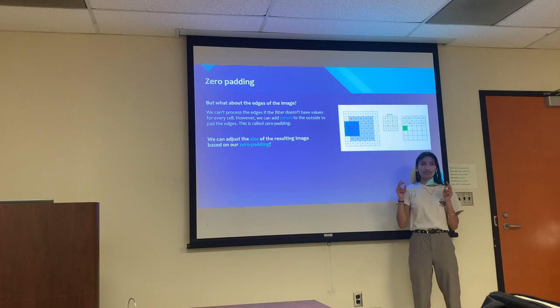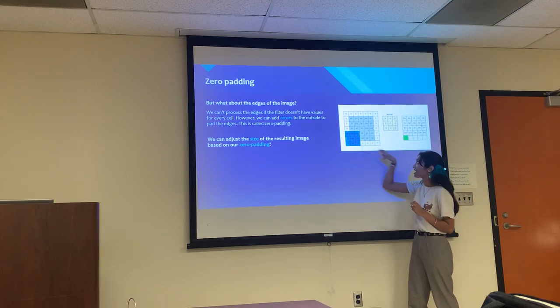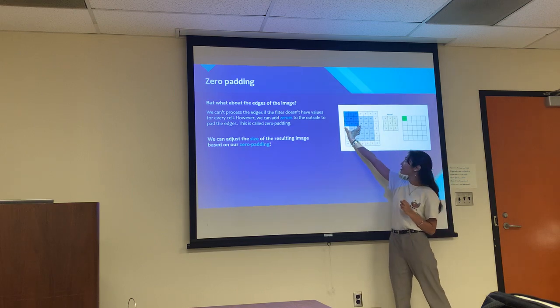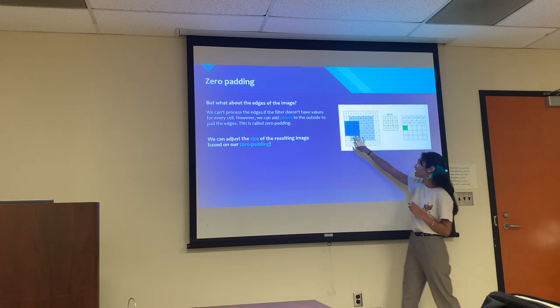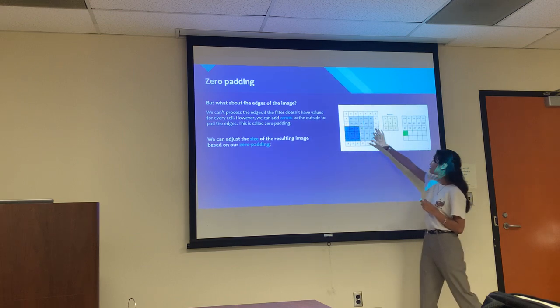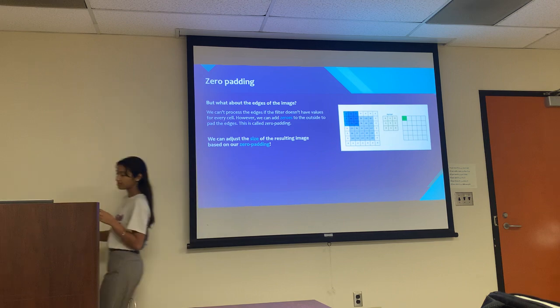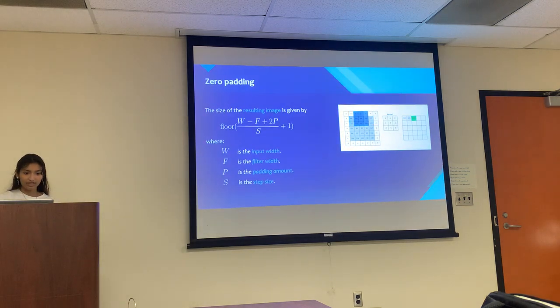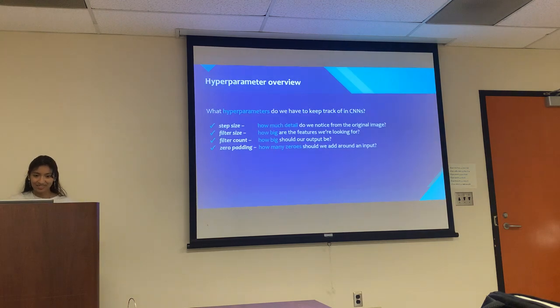So something we can do to make that the center of where we're using our kernel is to add 0 padding around, so that we'd be applying this kernel here, and now this is the center. Then if we move it over, essentially all of these values would have their own value here. This is how you would calculate it.